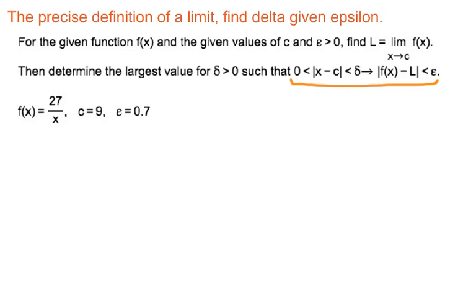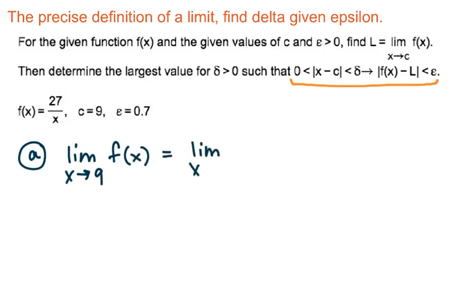Okay, so for part A, the first thing we need to do here, we need to find the limit as x approaches 9, 9 being my c value, of my function f of x, which is the same as writing the limit as x approaches 9 of 27 over x.